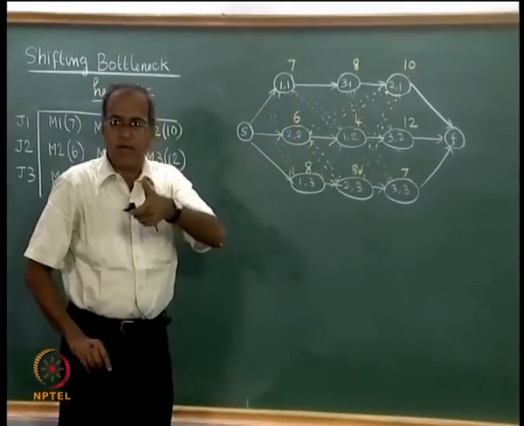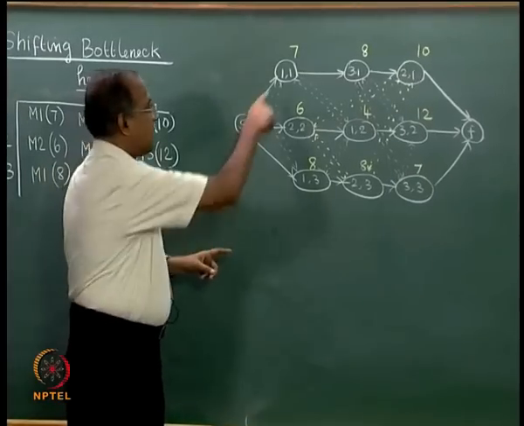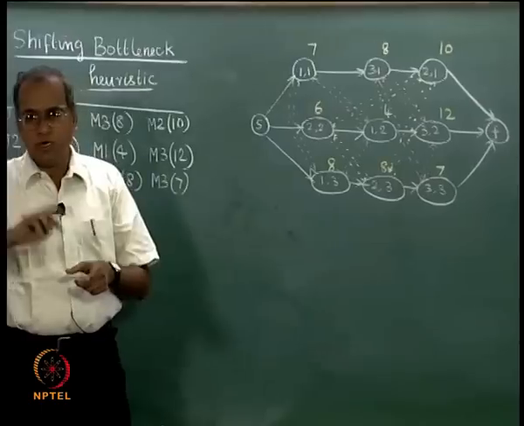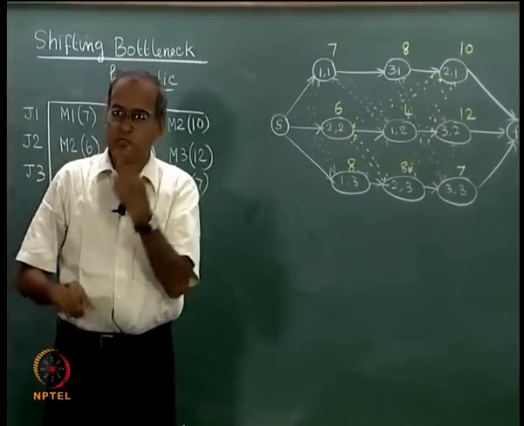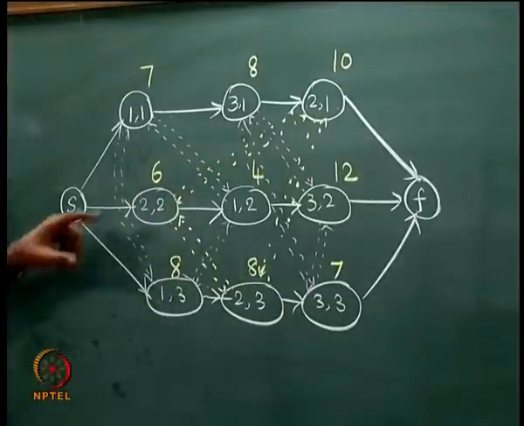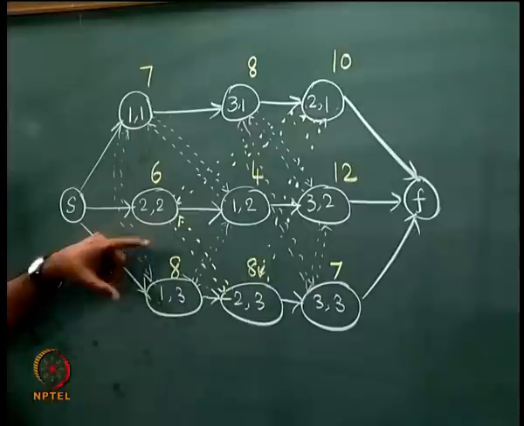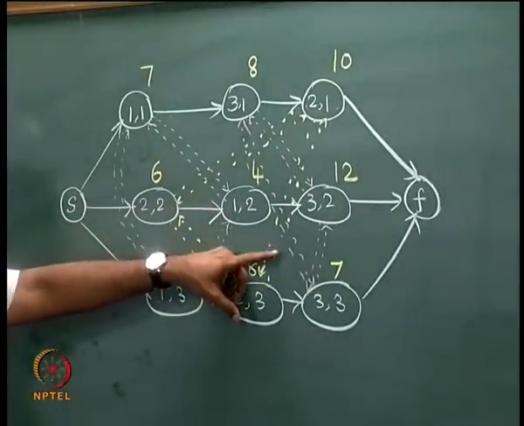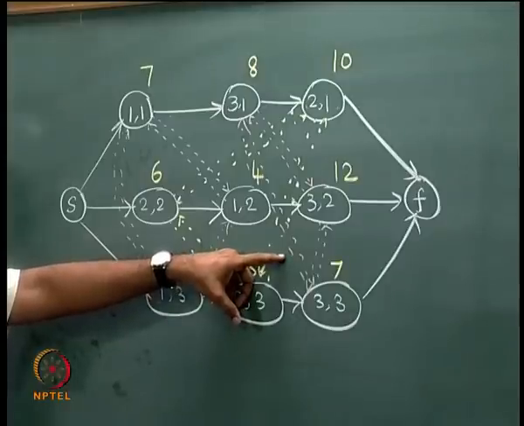So, for every pair we have that. Since we have 3 jobs, we actually have 1 to 2, 1 to 3 and 2 to 3, each has 2 arcs. So, we have 6 dotted arcs. The ones related to machine 2 are shown in yellow and the ones related to machine 3 are shown in a kind of a dark brownish pink color.